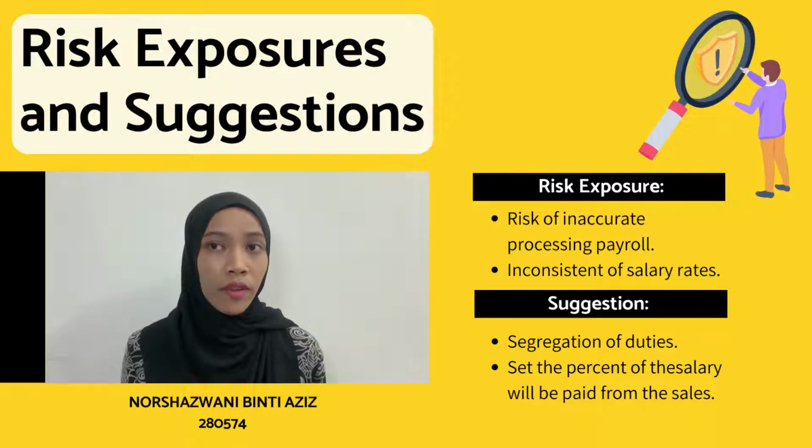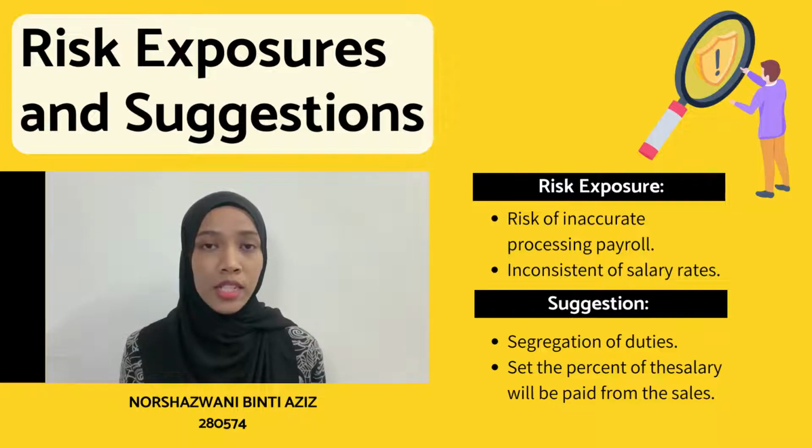This inconsistent salary rate may raise concerns in the future for Restoran Kasih Anak Mama Nasi Campur during the auditing process. The suggestion for the situation is segregation of duties.